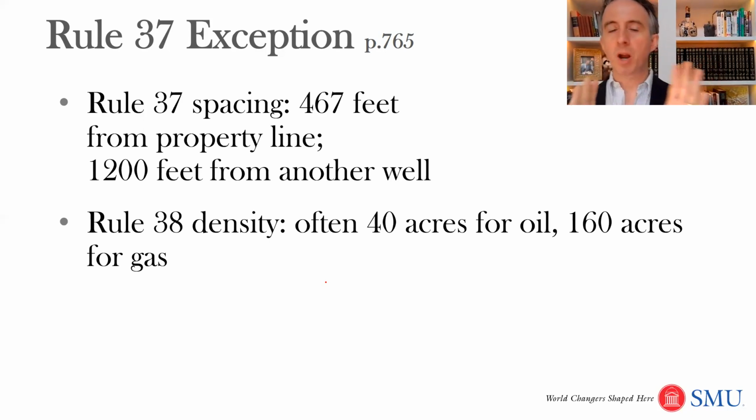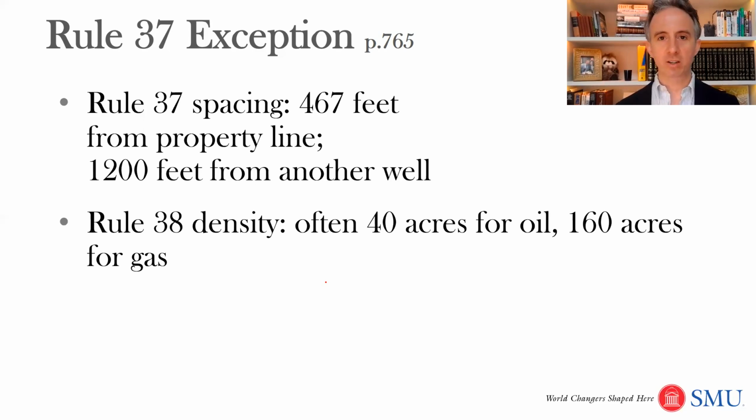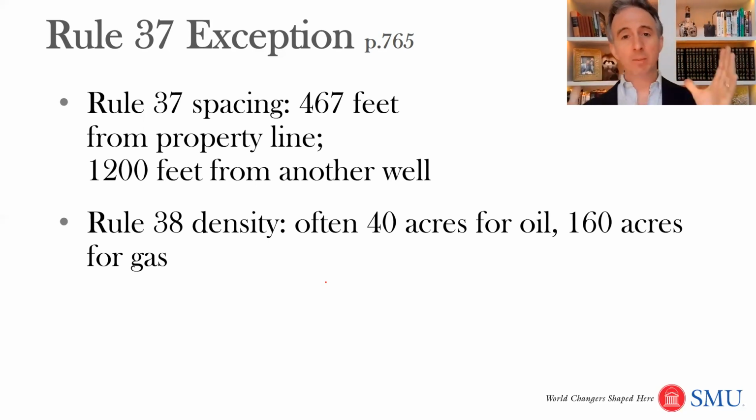Often, it really varies, but often you need to have 40 acres for oil, so you can't have more than one well every 40 acres, and you can't have more than one gas well every 160 acres. Again, gas acreages tend to be bigger because gas flows more easily. Also, gas is not as valuable, and so it just doesn't make sense to spend all the money on lots of gas wells really close to each other.